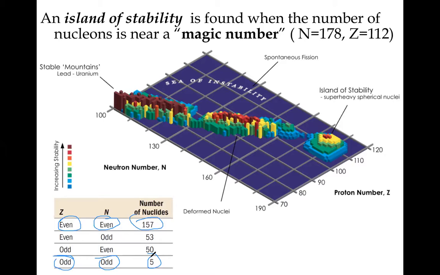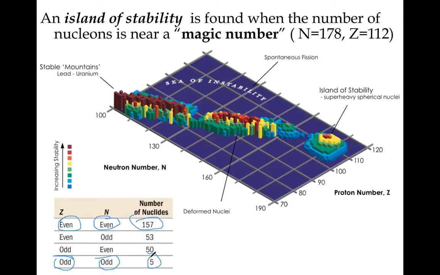stable nuclides. Okay. And again, the reason for this is that these nucleons occupy energy levels within the nucleus, like I said before, like electrons do, right? And so just like atoms with certain numbers of electrons are uniquely stable, think noble gases, so too are atoms with certain numbers of nucleons. Okay, and in this case, the protons and the neutrons can be like 2, 8, 20, 28, 50.